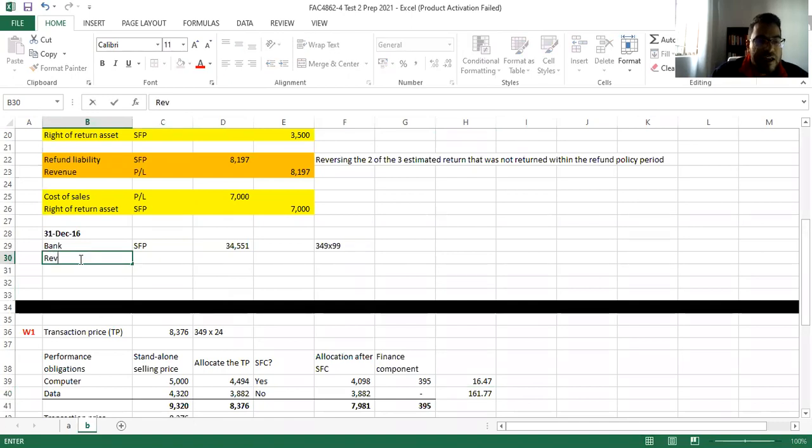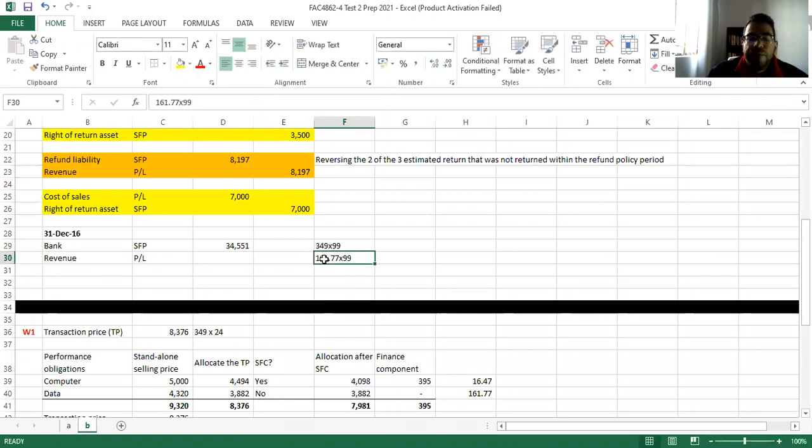So when you credit revenue, P&L, for the data, it's going to be 161.77 multiplied by 99 contracts. Remember, of the 349, 161 represents the data.